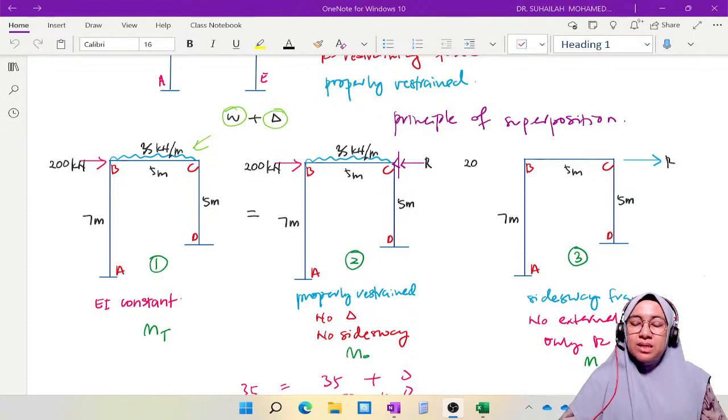Then we can focus the frame analysis considering only external loading. So that is for table number 1.